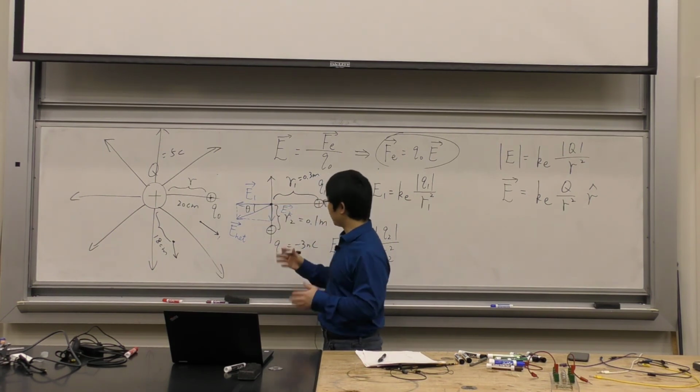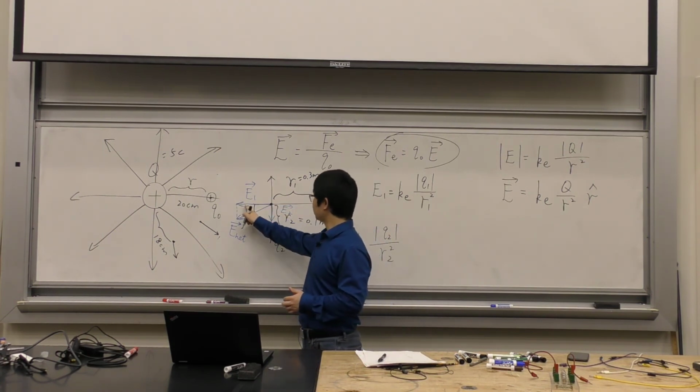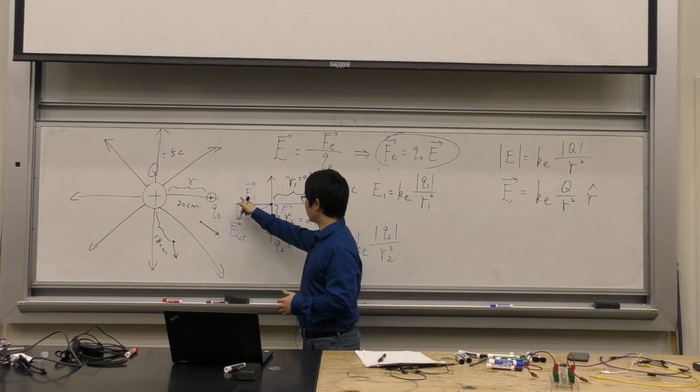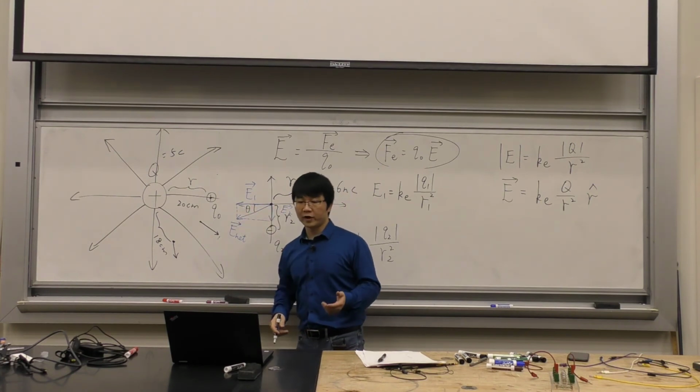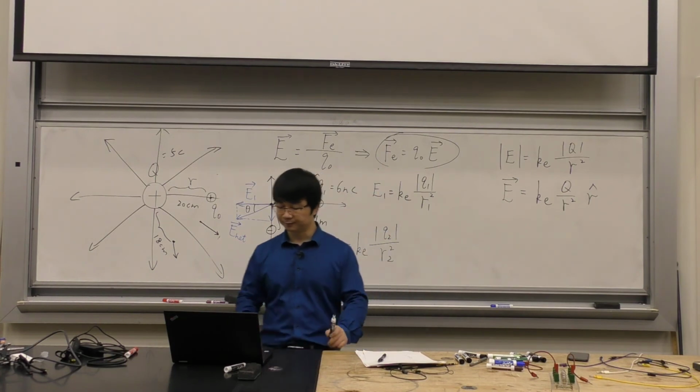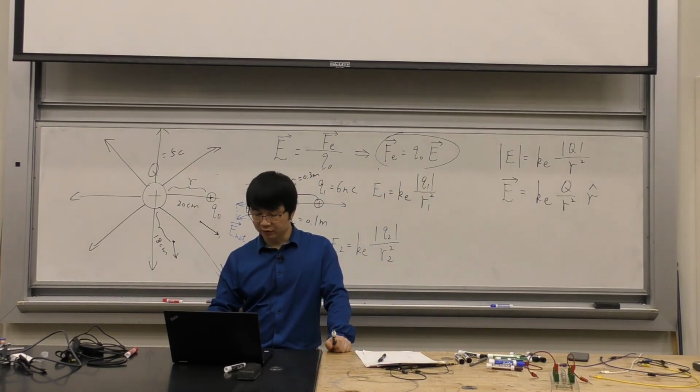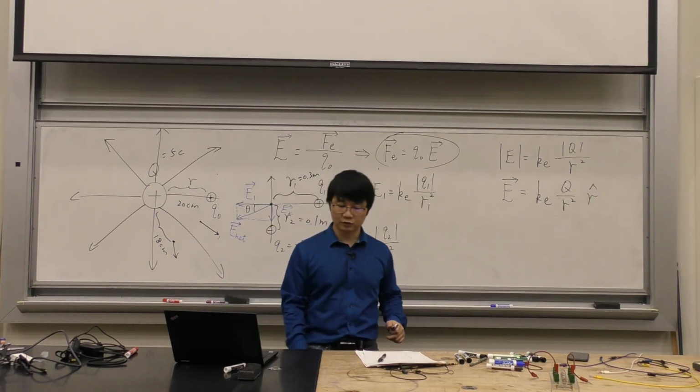Because you already have the x and y components, you already have a right triangle, you can go ahead and plug numbers in to find the magnitude and the direction of this net electric field. Okay, now you can pause the video and do the algebra.